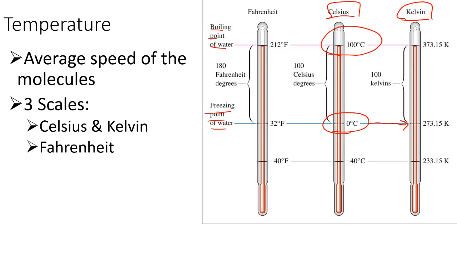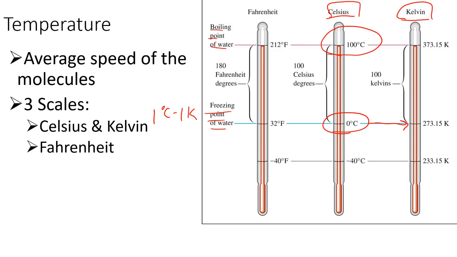And if we were theoretically able to chill things down that cold, that is the theoretical temperature at which molecules would cease to have thermal energy. Okay, so Celsius and Kelvin are separated by the same amount, like 1 degree Celsius is equal to 1 degree Kelvin.